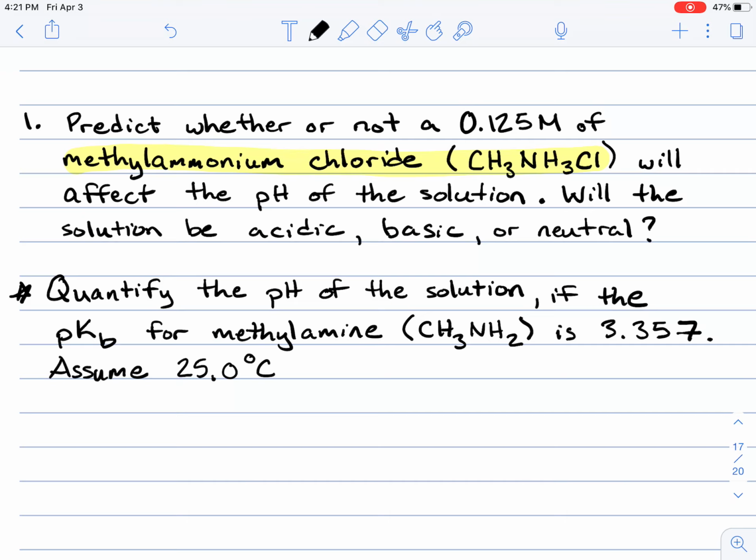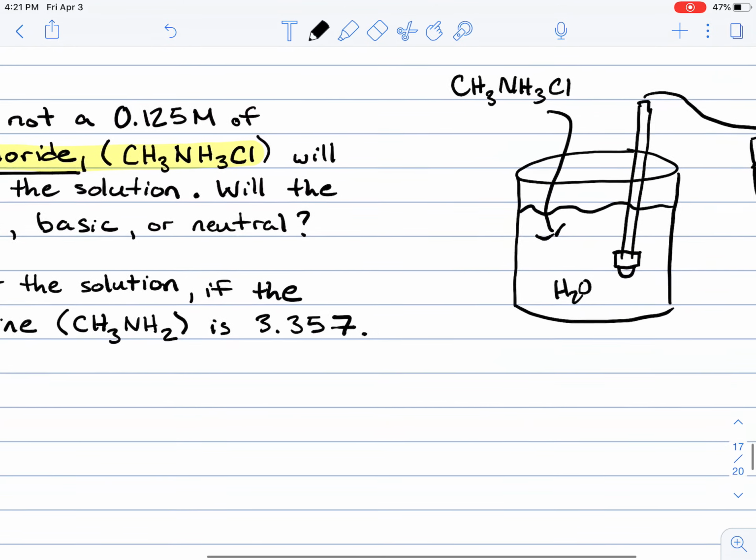If you recall from your first semester general chemistry, the -ide ending, as in chloride, is used to describe the anion in an ionic compound. And so everything before chloride, methyl ammonium in this case, is going to be the cation.